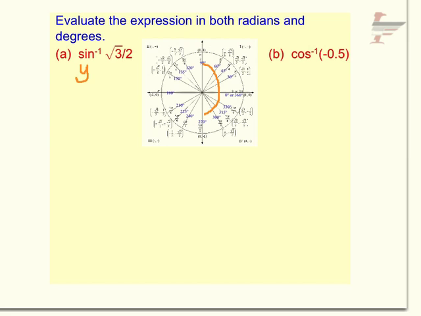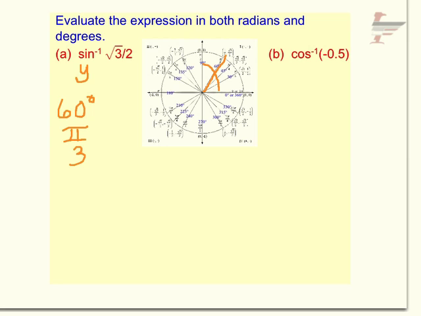Then I know it's positive, so it can't be in the fourth quadrant because sine is not positive there. I can eliminate that possibility. So I know my answer is for sure in the first quadrant, and it's the y coordinate. Where is the y coordinate equal to the square root of 3 over 2? That happens at 60 degrees, and in radians that would be pi over 3. What an easy question if you really have your unit circle down.